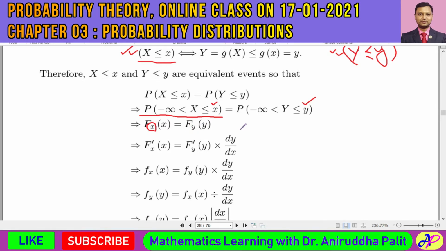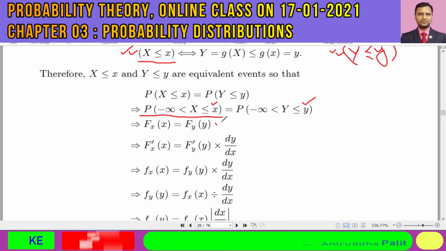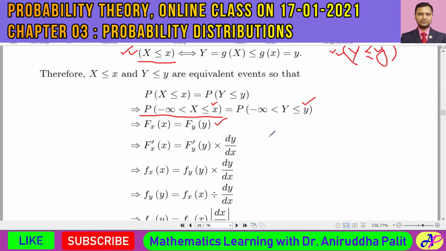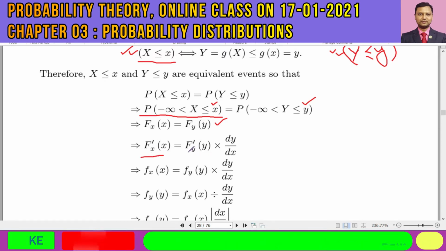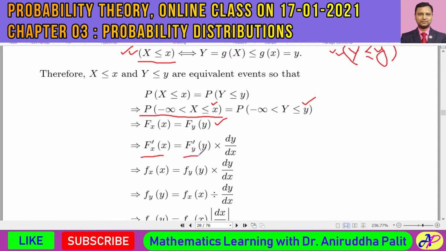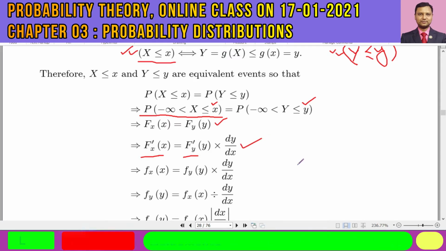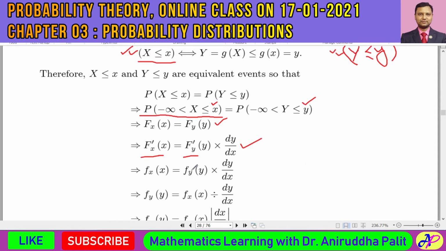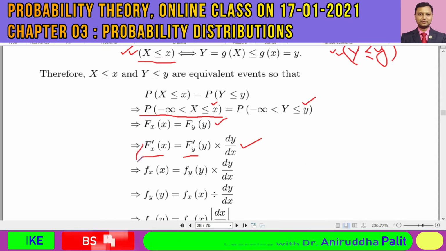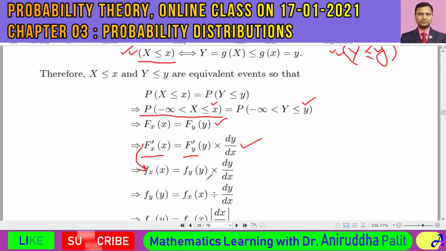And now we differentiate this relation with respect to x. On the left hand side we will get the derivative of F_X, and on the right hand side we will get the derivative of the function F_Y. But by the chain rule, y is to be differentiated with respect to x, so we would have dy/dx over here. And the derivative of a distribution function gives us the density function.